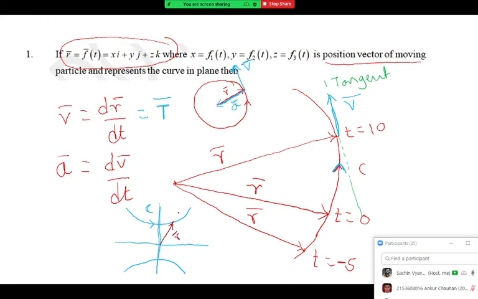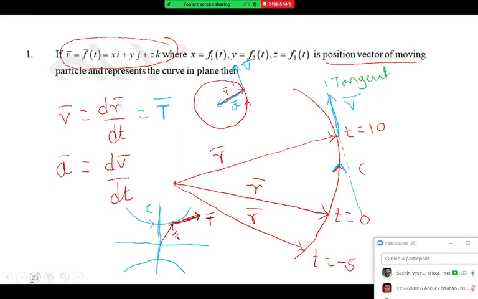Can you guess the direction of acceleration for a hyperbolic path? Obviously the tangent will be like this, the tangent vector t bar, or velocity vector, sorry, t bar or v bar. What about the acceleration?